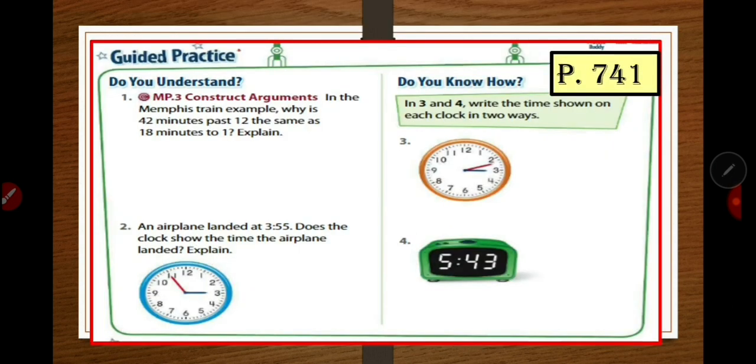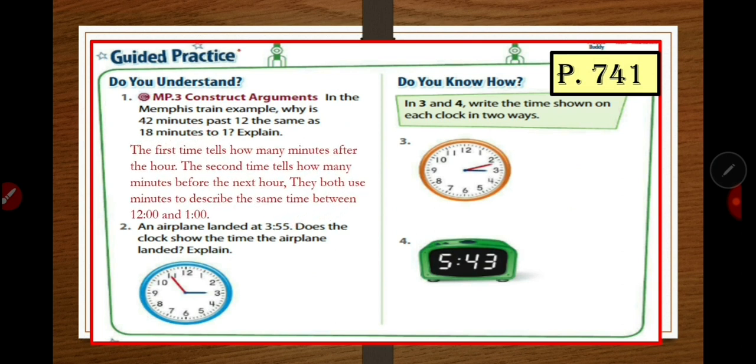Good. Now open your book to page 741. We're going to have the guided practice. We have the Do You Understand part. In the Memphis train example, why is 42 minutes past 12 the same as 18 minutes to 1? Why?